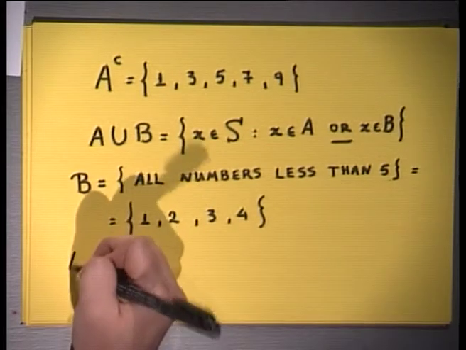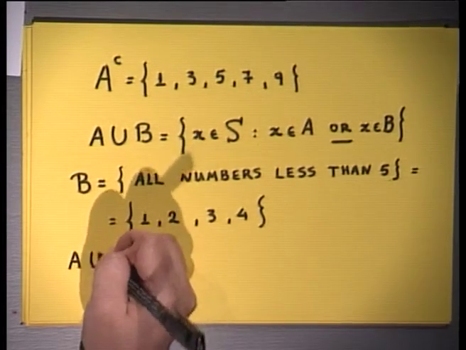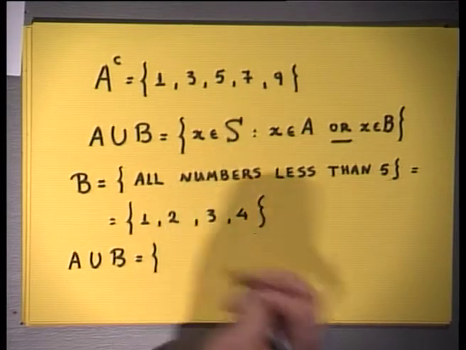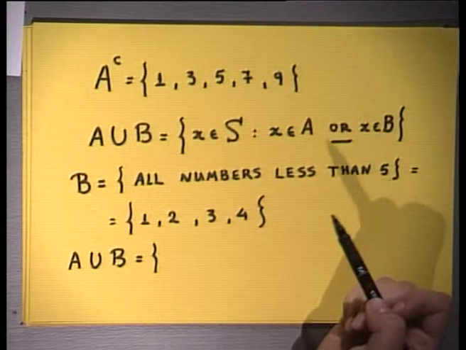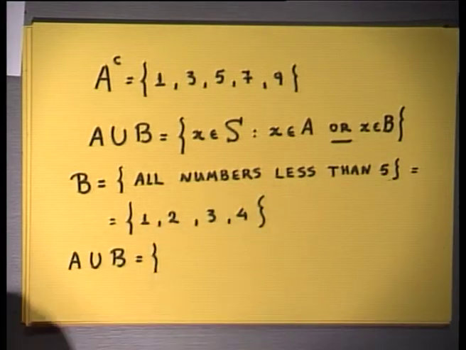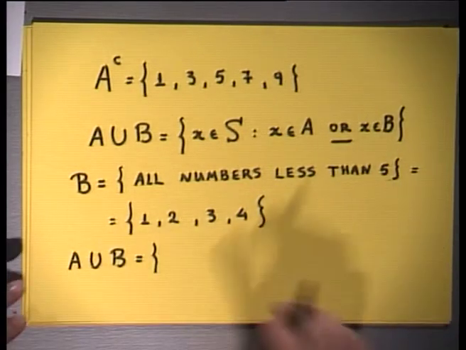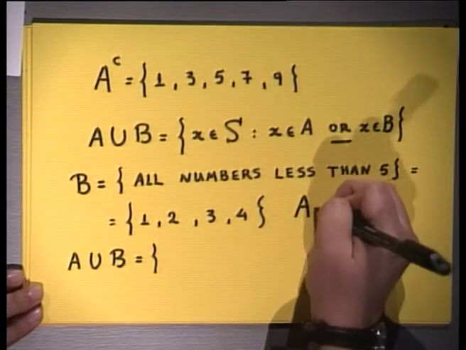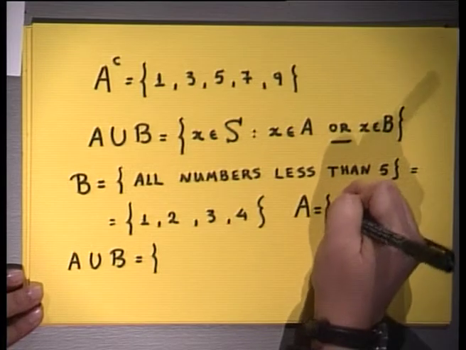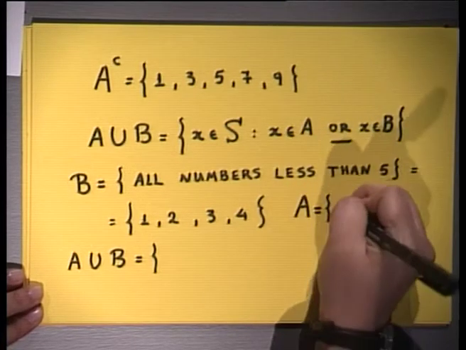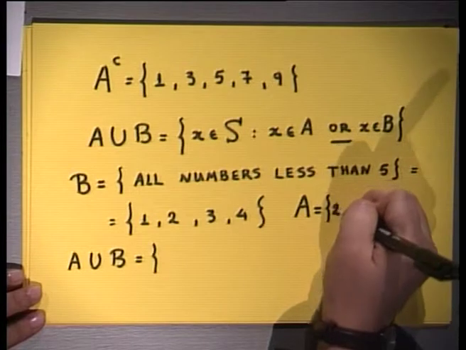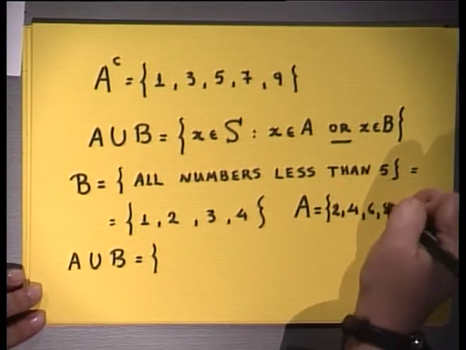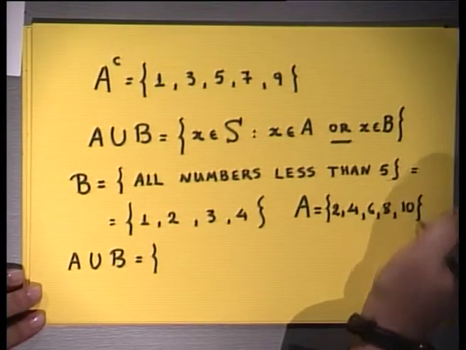So A union B will be the elements that belong in A and the elements that belong in B. I am going to write A here again so we can see it. We remember that A are the even numbers, so it's 2, 4, 6, 8, and 10.